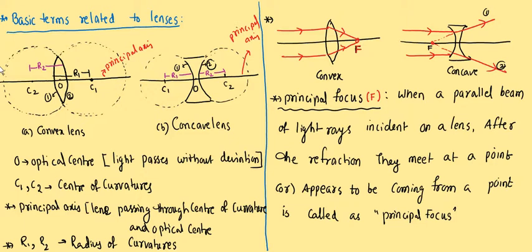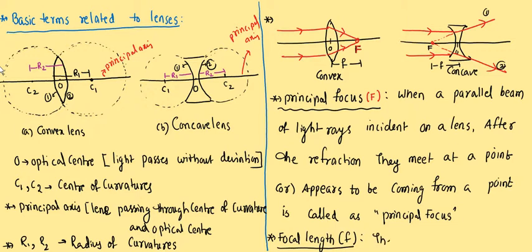The distance of the principal focus from the optical center is called the focal length. This is the optical center, and this distance is called the focal length. What is focal length? One more point I am going to explain. These are some basic terms. The focal length is the distance from where to where?